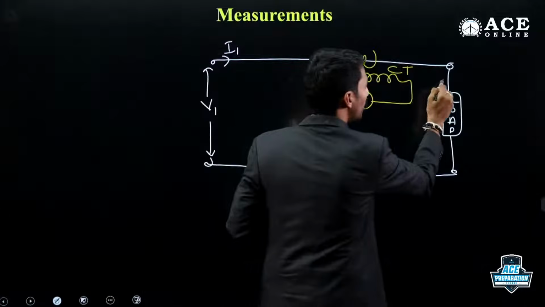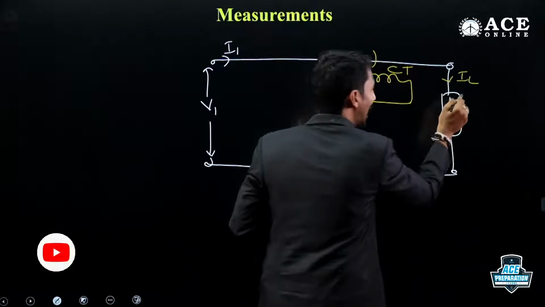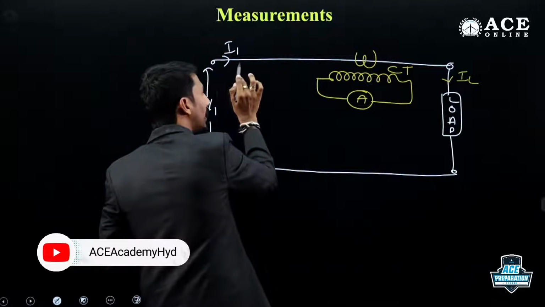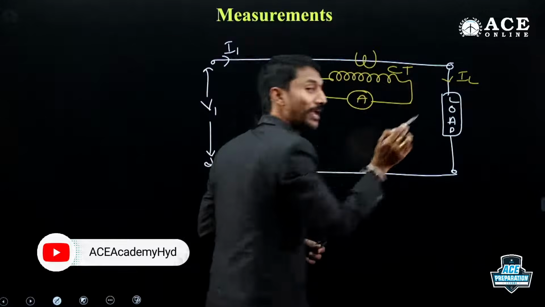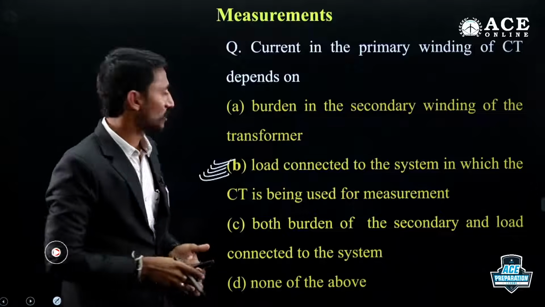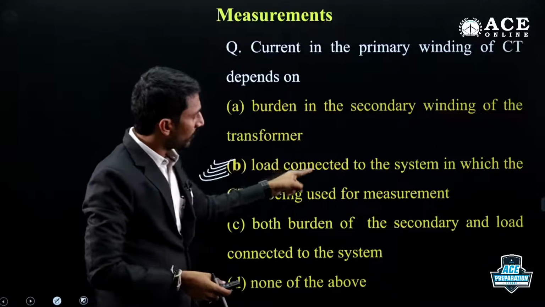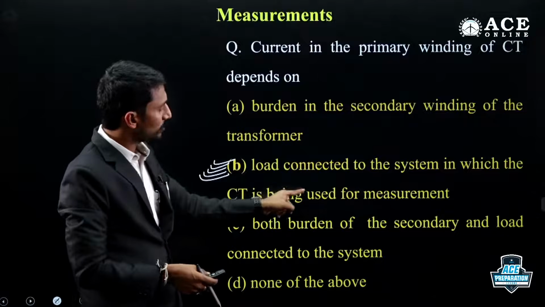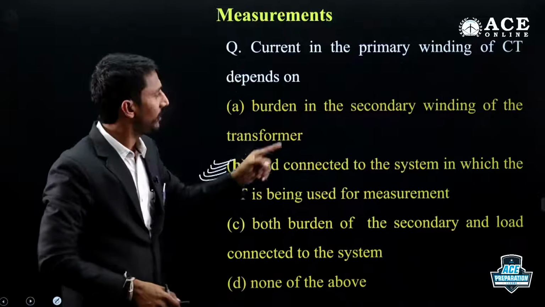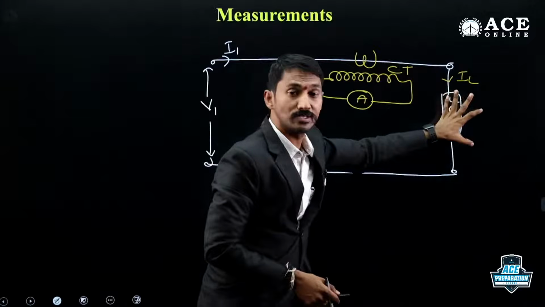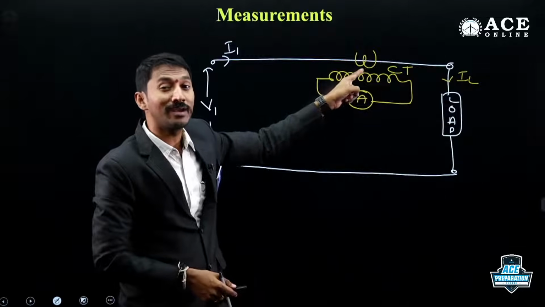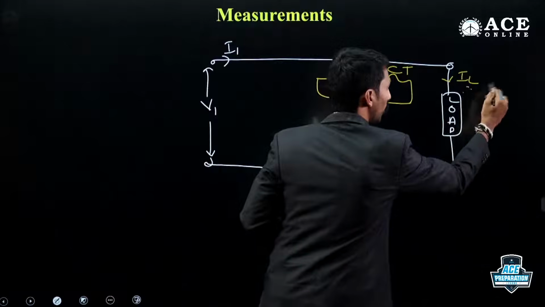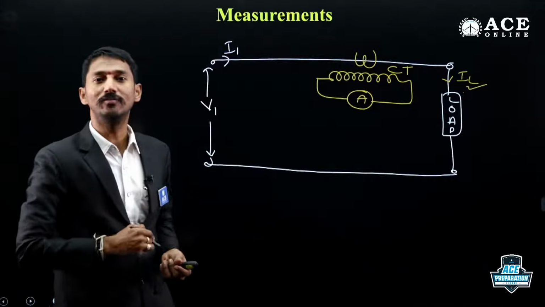It is based on the load current. Whatever current the load is drawing, that current only flows through the primary winding of CT. That's why, check it: load connected to the system in which the CT is being used for measurement. So what is the answer? Load current, or we can say the load will decide.